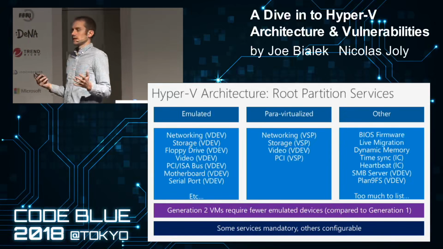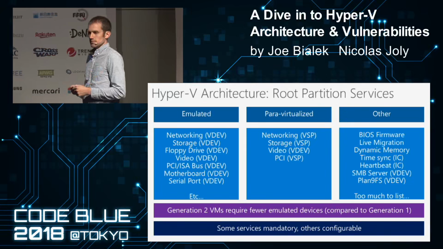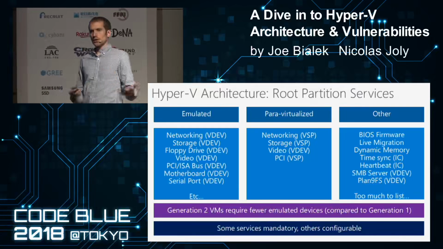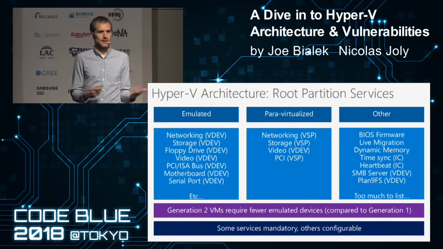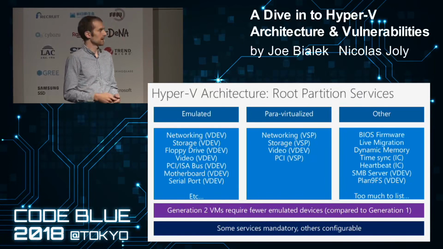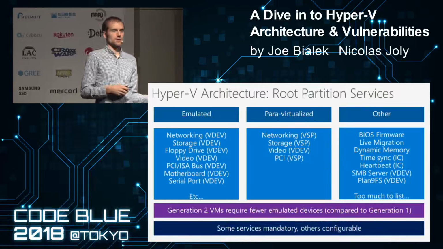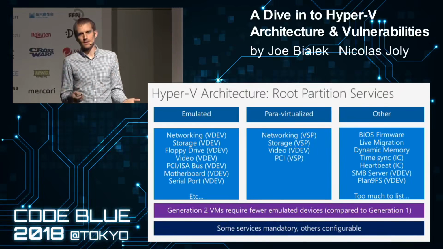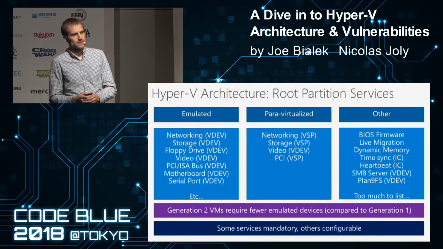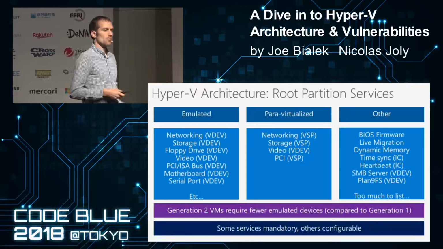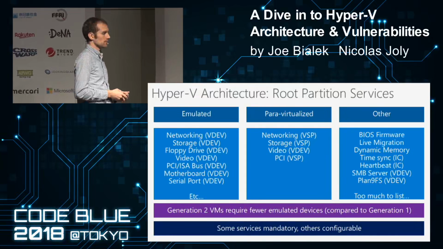So if you're interested in trying to find bugs in Hyper-V, probably one of the things that you're going to be wondering is, what are the components that I could possibly attack, right? What is accessible to the guest? I mentioned earlier that the root partition is responsible for providing a number of services to all of the guest operating systems that run. And this is just kind of an overview of what kinds of services need to be offered.